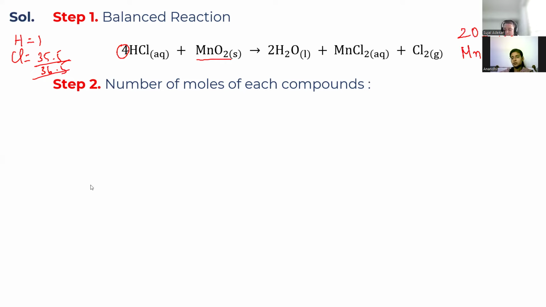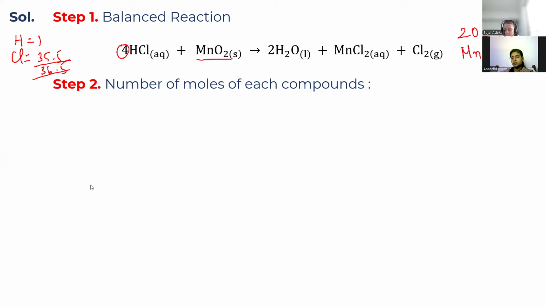So 8.7 divided by 87 moles is 0.1. Very good.